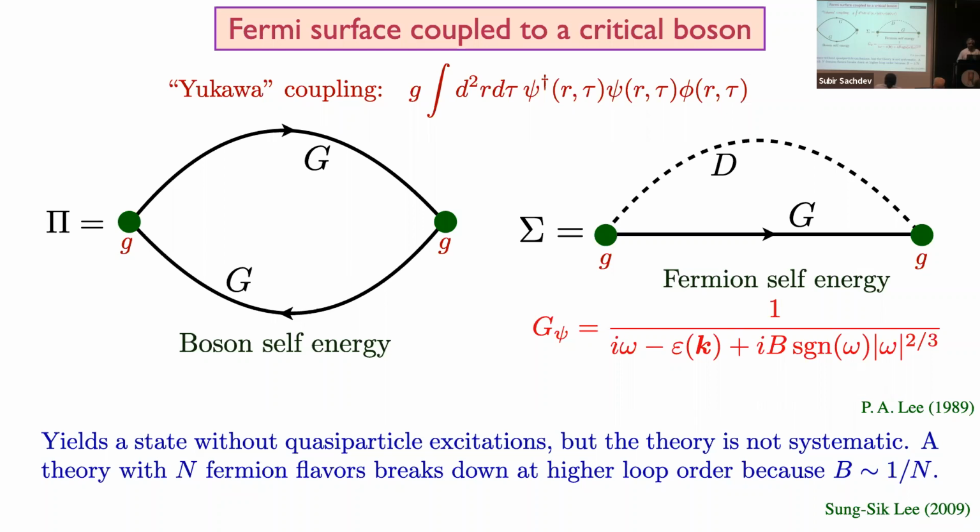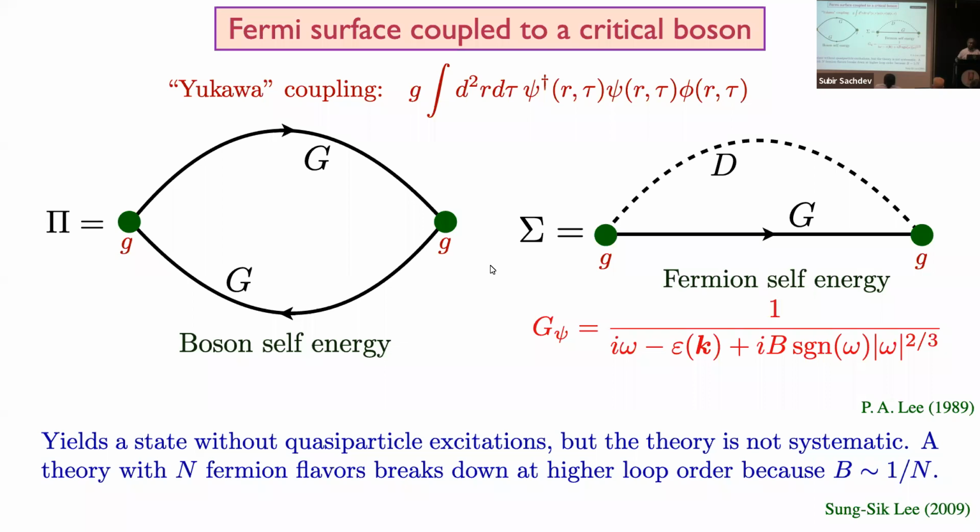If you try to introduce a small parameter where you take n flavors of fermions, that leads to a problem because this B coefficient here goes as 1/n. So that's in the denominator. And so if you look at some higher loop diagrams, you might worry that 1/n in the denominator is going to give you some extra power of n, and that simply counting graphs doesn't get right. And that indeed is what happens, as Seung-Sik showed in an important paper.